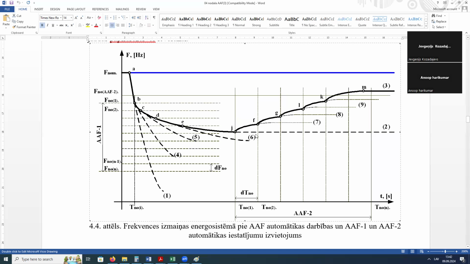So it means that automatically, without human impact, we restore not only the balance but also the nominal frequency. So this is the philosophy.